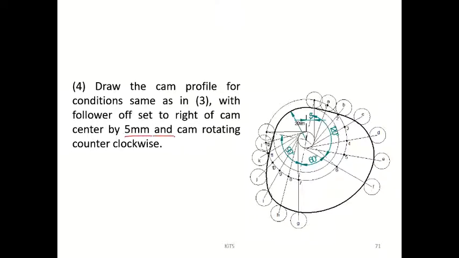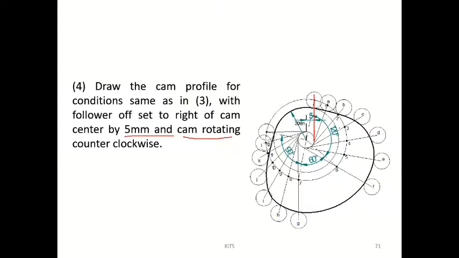Offset is 5 mm and the cam is rotating in the counterclockwise direction. So first draw the 5 mm circle, then the 25 mm base circle. Okay, you know. So draw a vertical line. Keep your protractor on this line.